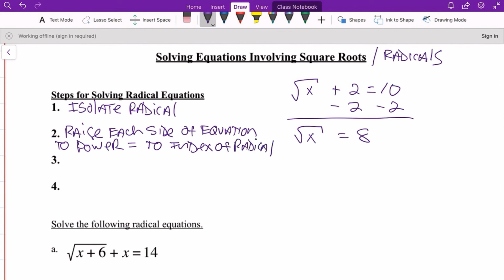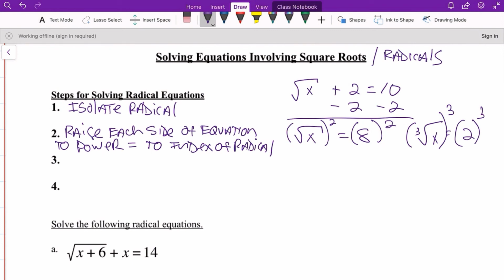Okay? So basically what that's saying is, if you are taking a square root, all you're going to do is raise both sides of the equation to the second power. Okay? If you were taking a cube root, let's say this was a cube root of x equals 2, then all you would do is raise both sides of the equation to the power of 3. That's all that's saying.